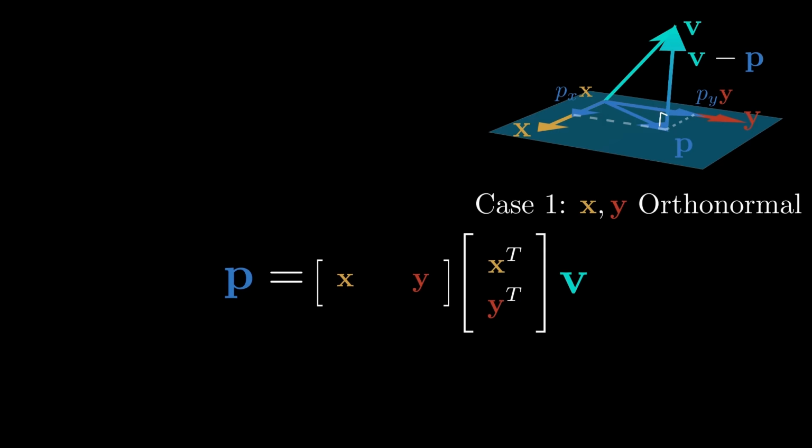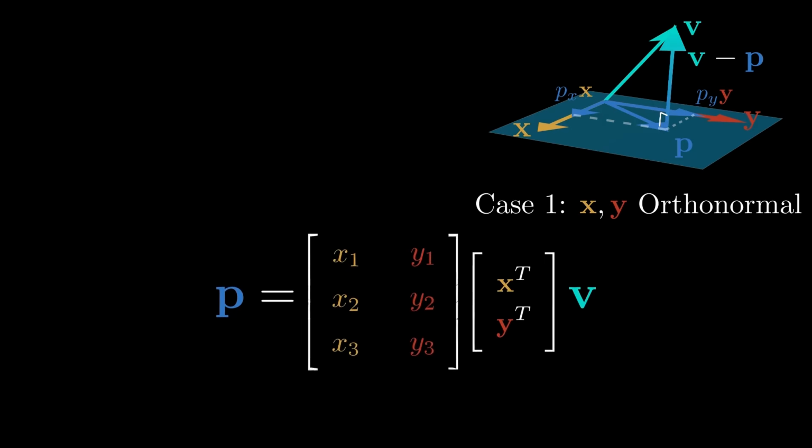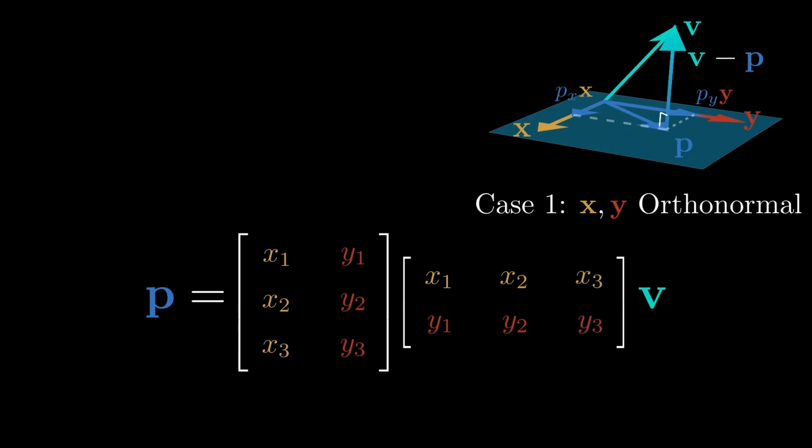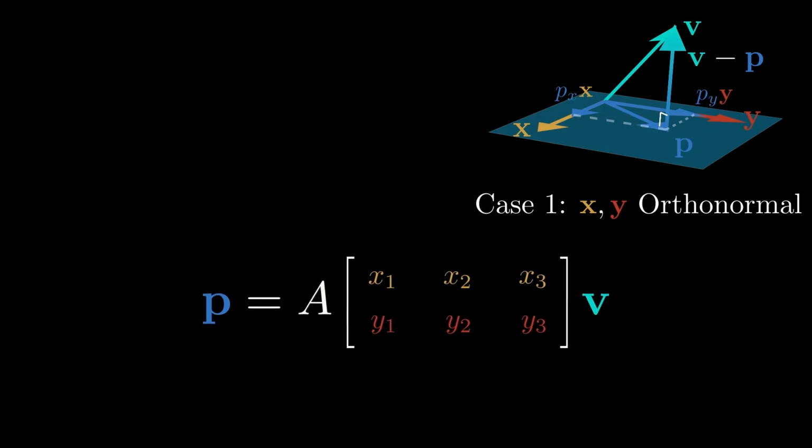Remember, x and y are column vectors, so this first matrix has 2 columns, and the second matrix transposes them to get 2 rows. Let's give the first matrix the name A, but don't get confused. A is just a matrix that puts x on the first column and y on the second column.